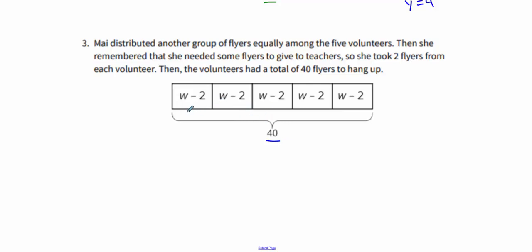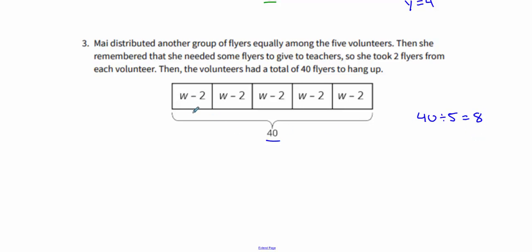So if we have 5 volunteers, and they have a total of 40 now, what did they have before? How much did she give each one? So 40 divided by 5 is 8.